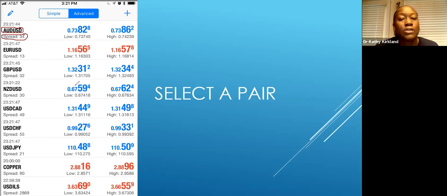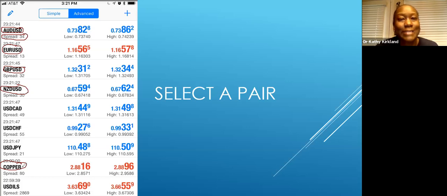So when you're wanting to do a buy stop or a sell stop, you're going to select one of these pairs. We call them pairs. So that's the ones that I'm circling right now. We call them pairs. Okay. Indices are the same way. See, like down here, I have copper. You can trade copper. You can trade a whole bunch of different other things. But remember, I'm going to use the pairs.